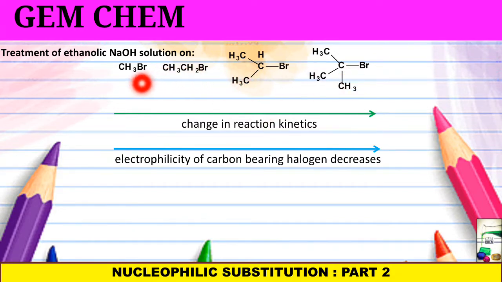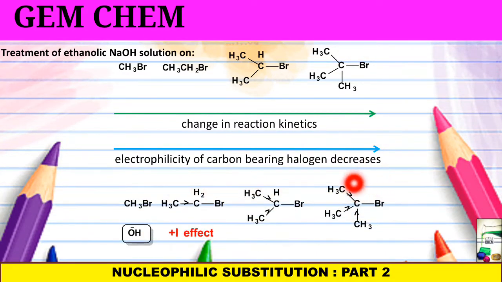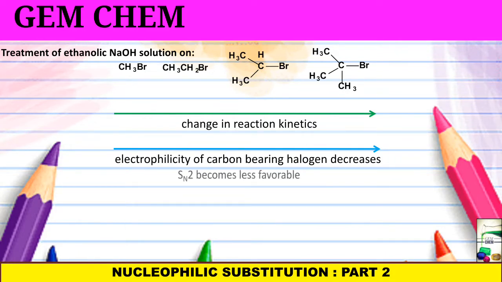There is no methyl group here, one methyl group here, two methyl groups here, and three methyl groups here. Thus OH minus has a low tendency to attack the carbon bearing the halogen in the last case. Thus SN2 becomes increasingly less favorable in this direction. So the plus I effect increases from left to right, as a result of which SN2 becomes less favorable.